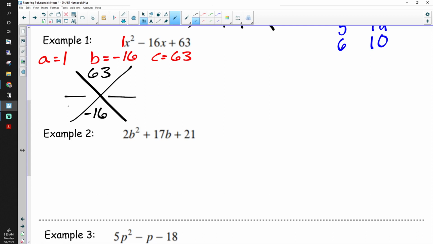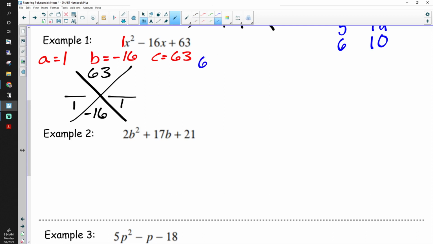The a value is 1. So I need 2 numbers that multiply to 63 and add up to negative 16. Okay, so let's make our list.